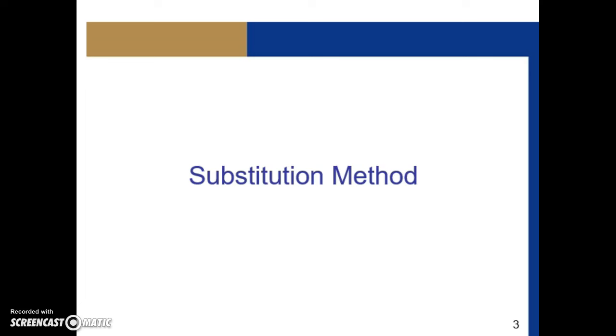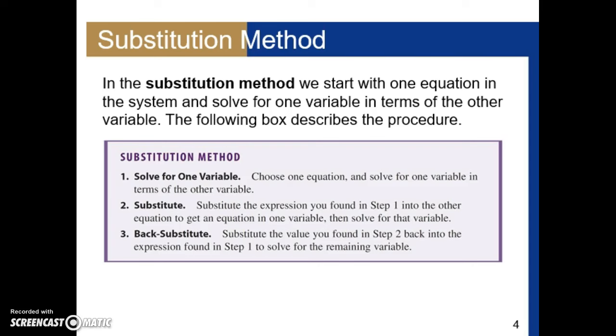So let's use the substitution method to solve these linear equations. Here is the step-by-step process. We're going to choose one of the equations and solve for one variable in terms of the other. So we're going to have y equals, or we're going to have x equals, with everything else on the other side of the equal sign.